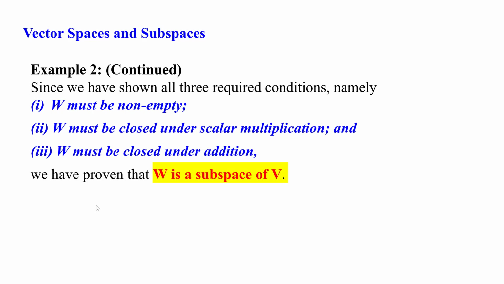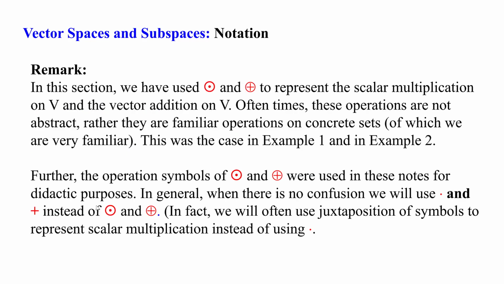Using a calculus example, we've done another vector subspace proof. Remarks. I mentioned this earlier: we use the circle plus and the circle times to represent the fact that these operations are abstracted, and they're different on each problem. In the last problem, circle plus was the addition of functions, and circle times was the scalar multiplication of functions.